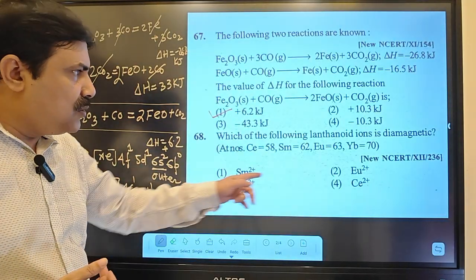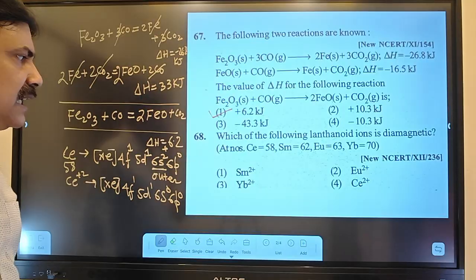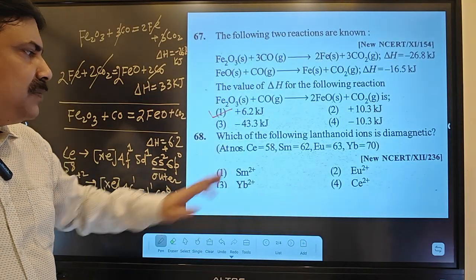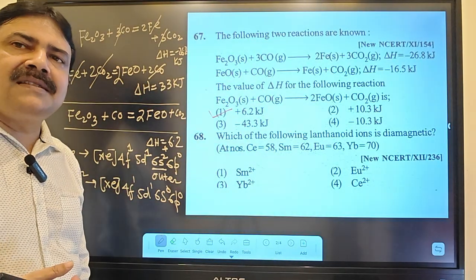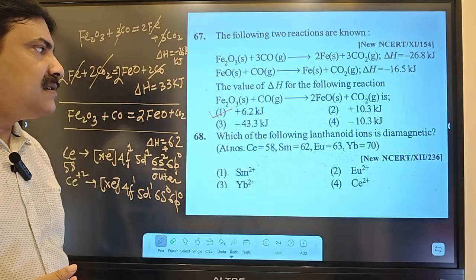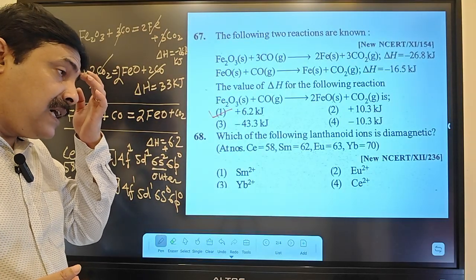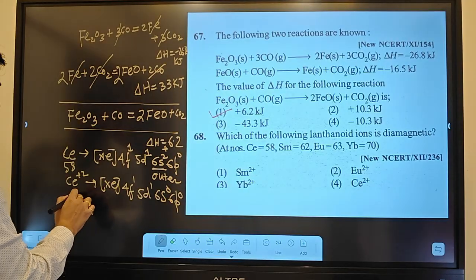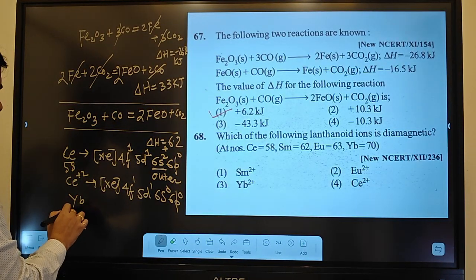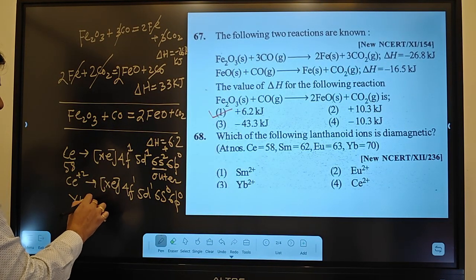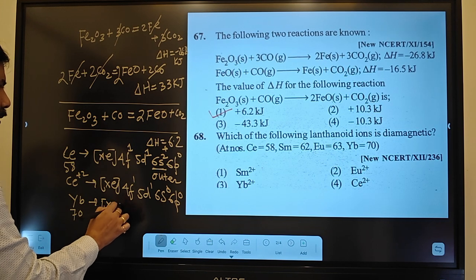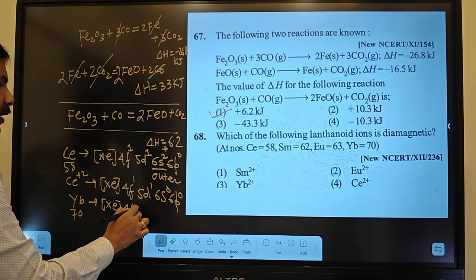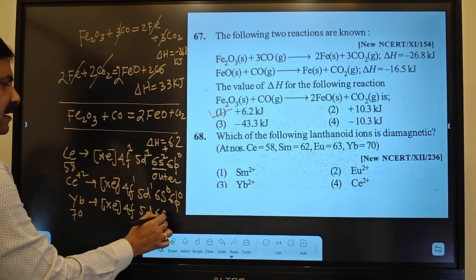In the same way, if you write down all the electronic configurations, you will observe that Yb2+ has a pair of electrons. Why? Yb has atomic number 70, so I have to fill 70 electrons. That means xenon core. Xenon has 54. The orbitals are 4f, 5d, 6s and 6p.